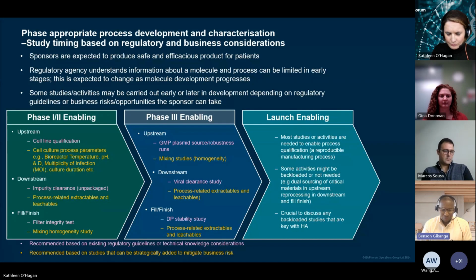As for other things like mixing homogeneity studies, that becomes more of a business risk, and therefore for phase 1, phase 2, it might not be so much of an emphasis. But if you have any platform work that you can leverage, it really reduces the overall business risk, so if you have the opportunity to do that, you go ahead and do it.